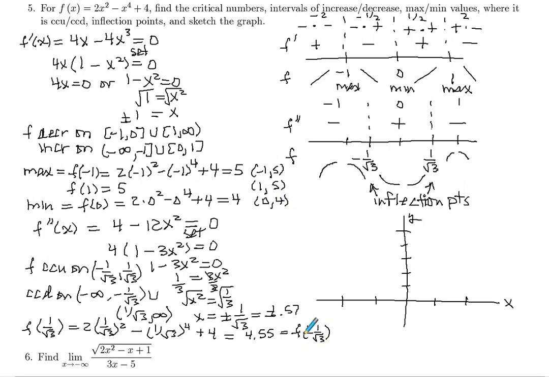And then down here, our inflection point, when we input that 0.57, which is 1 over root 3, we get 4.55. So this actually gives us 0.57 comma 4.55. And then the negative also. So negative 0.57 and 4.55.